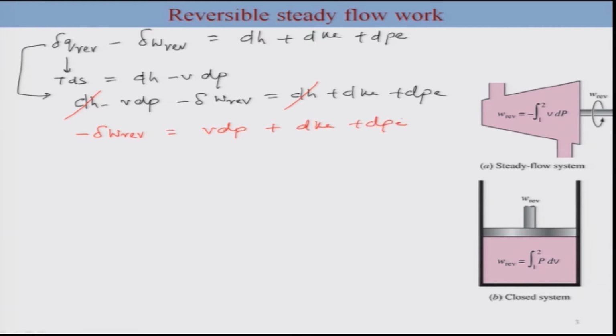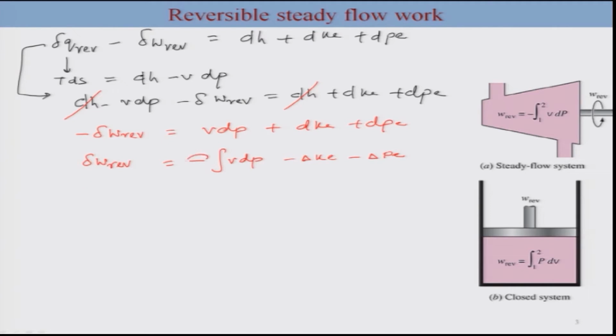So if we assume the changes in the kinetic energy and changes in the potential energy to be 0, then we can write this as minus VdP. If you include the changes in the KE, then you have to also include these terms. Now this is the amount of work out from the system, or the work done on the surroundings.